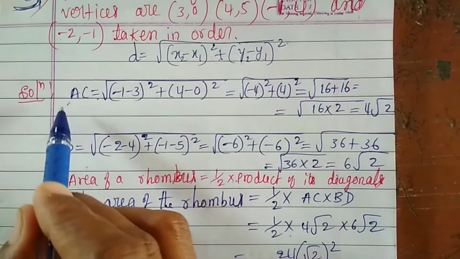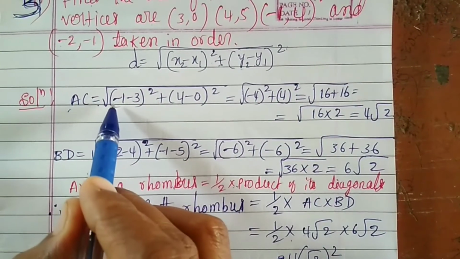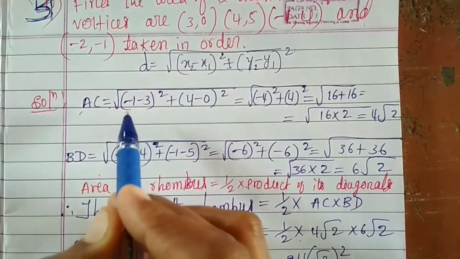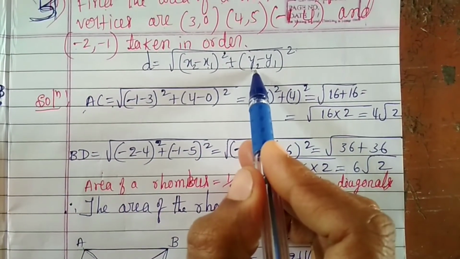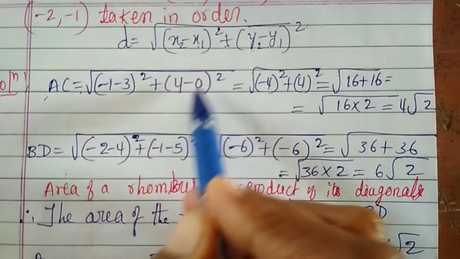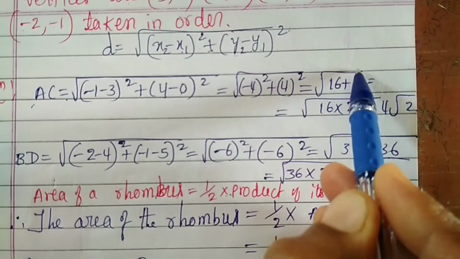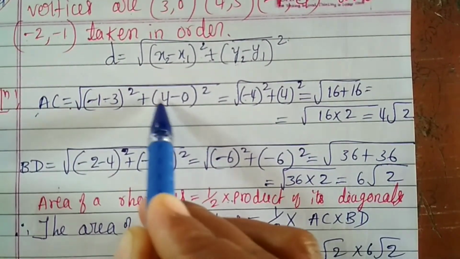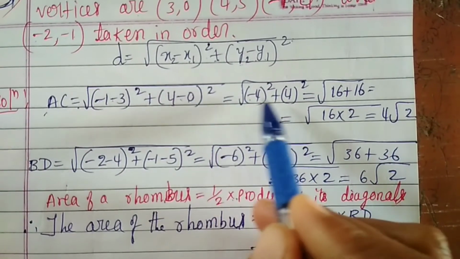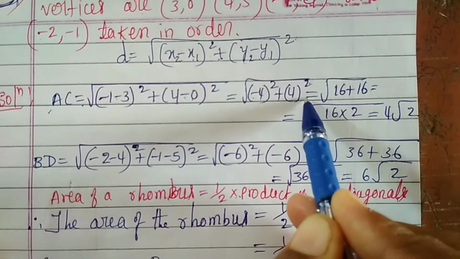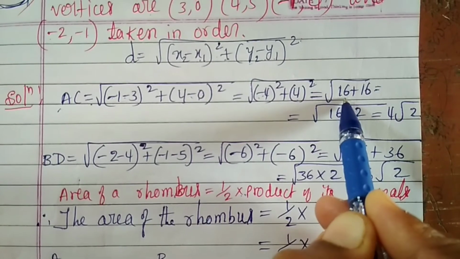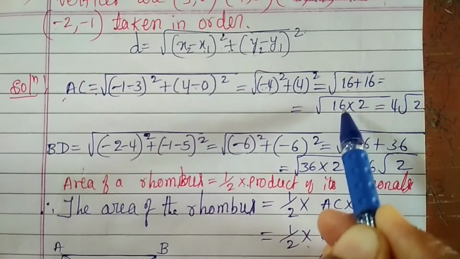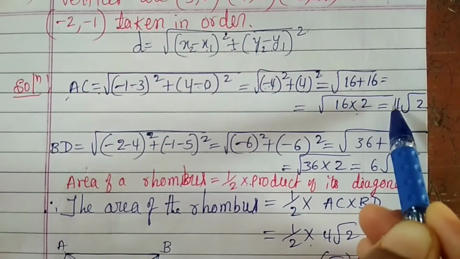The first diagonal AC is equal to root of x2 means -1 minus x1 means 3 whole square plus y2 means 4 minus y1 0 whole square is equal to root of -1 minus 3 is equal to -4 whole square plus 4 minus 0 whole square is equal to root of 4 4s are 16 plus 4 4s are 16 is equal to root of 16 into 2 is equal to 4 root 2.